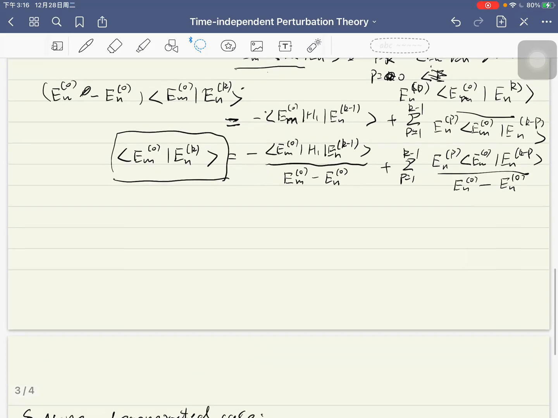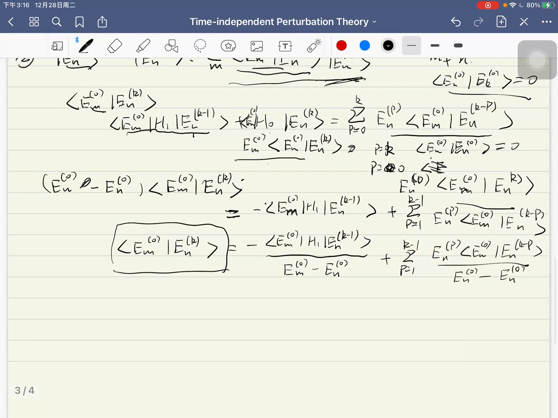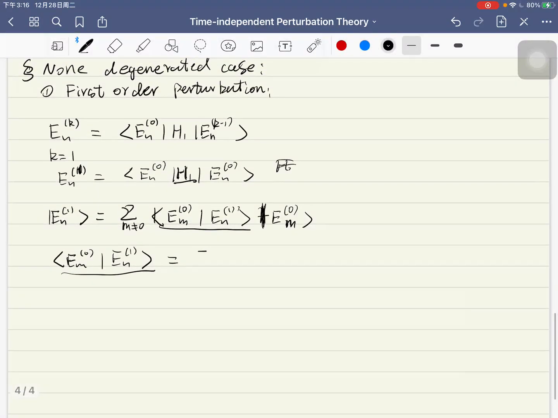Okay, just copy it here. Just need to observe this part. The first part is E_m0 H1 E_n,k minus 1, k equals to 1, so this is 0. And E_m0 E_n0.